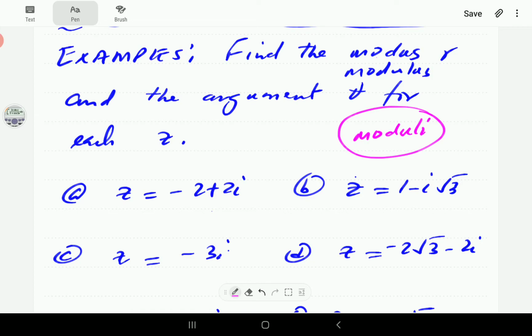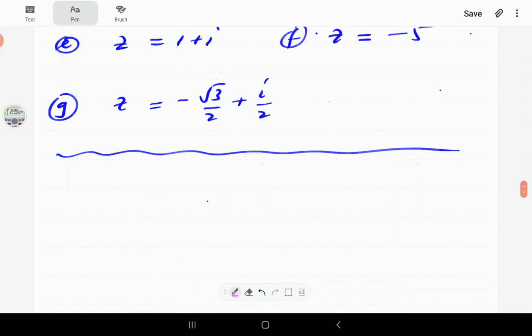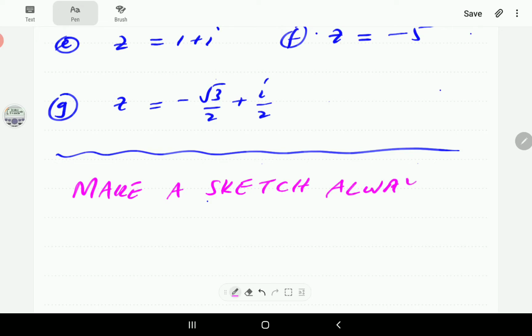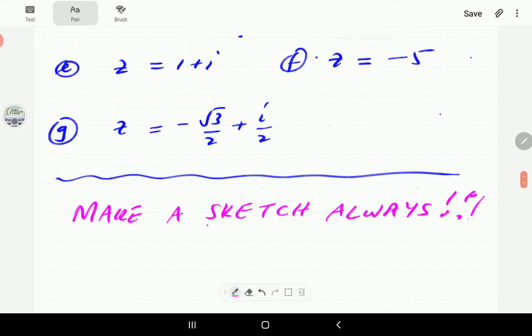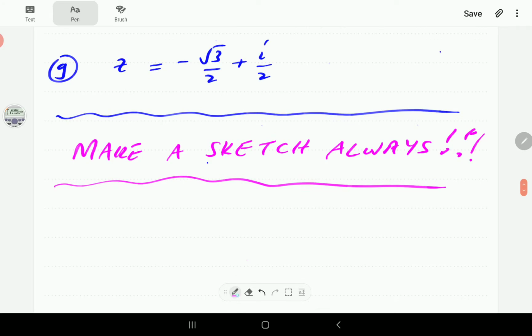And then we're also going to find the argument theta for each complex number. The main thing that we're going to note here is that we want to always make a sketch. If you do these and you don't make a sketch, you significantly reduce your chances of getting them correct. So always make a sketch.